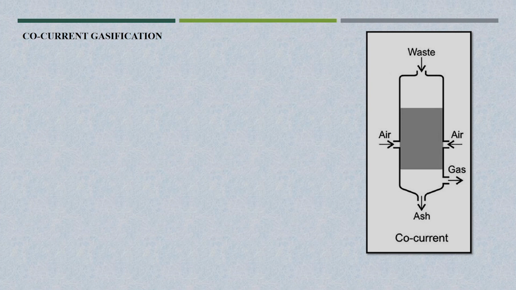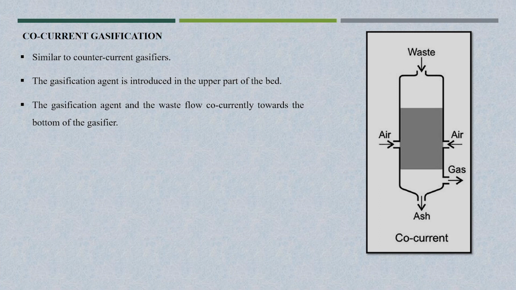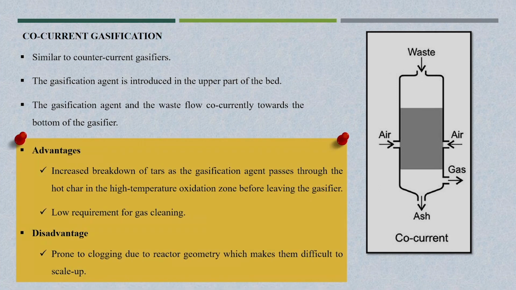Now, the co-current gasification, you see here air is directly entering into the waste material. The design is similar. The gasification agent is introduced at the upper part of the bed, and the gasification agent and waste flow concurrently towards the bottom of the gasifier. So, what are the advantages of that?